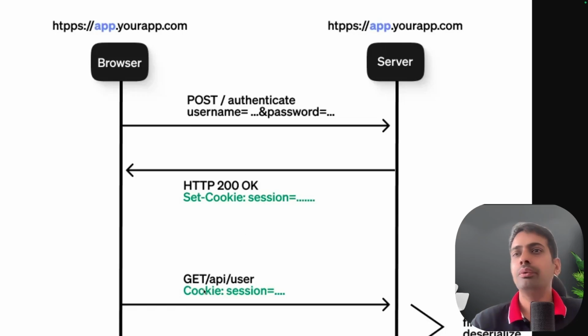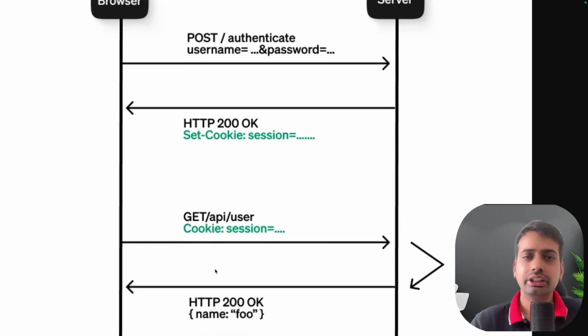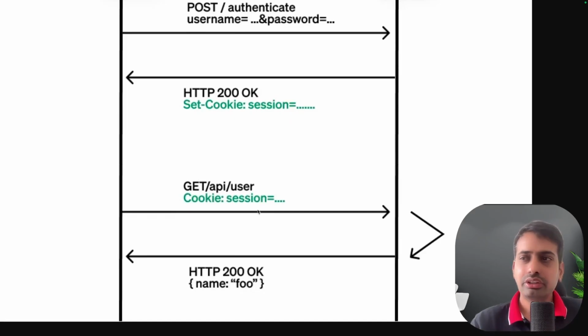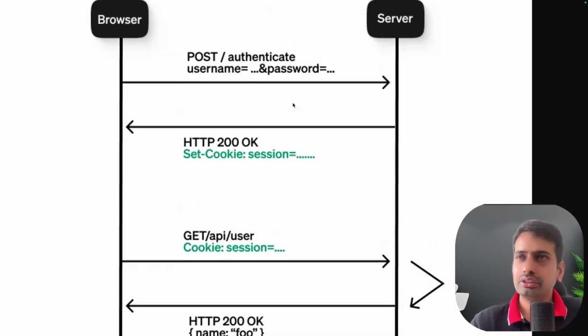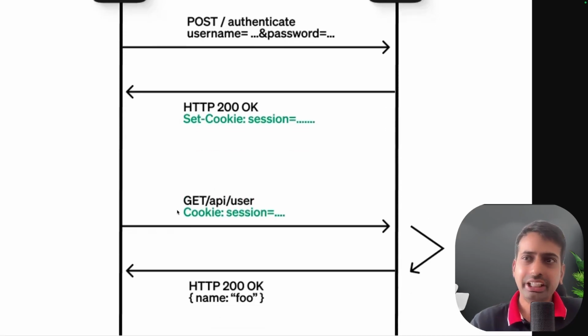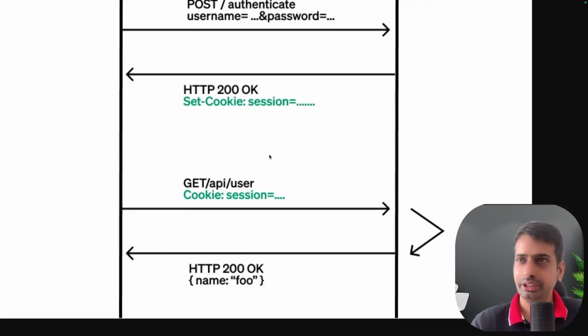Now when you send another request, like GET API user, the server will validate the session and you don't need to explicitly do anything. Once the server sends the cookies to the browser, the browser will automatically attach these cookies to the API requests you send to the same domain. You don't need to explicitly add the cookies.